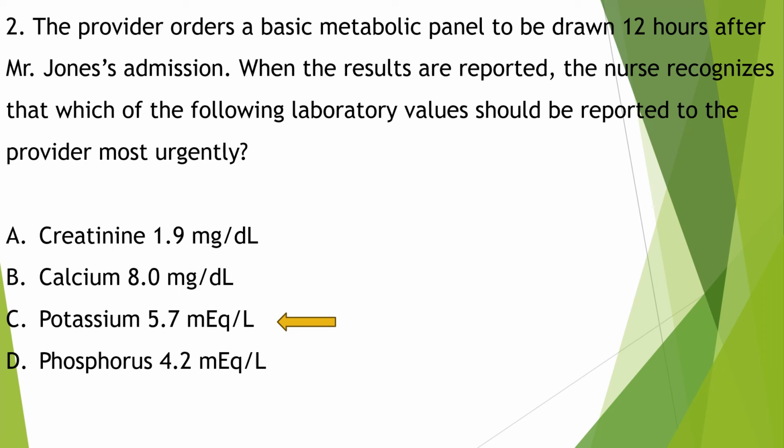A calcium level of 8 mg per dl indicates hypocalcemia, which is not an uncommon finding in a patient with renal insufficiency or renal failure. A phosphorus level of 4.2 milliequivalents per liter is within the normal range and therefore requires no intervention.